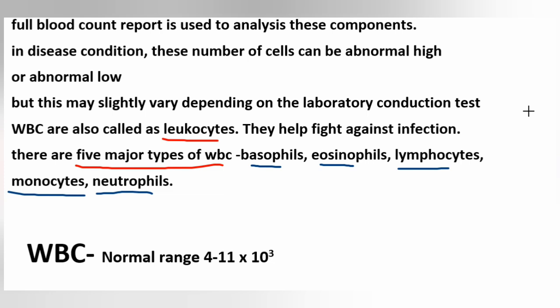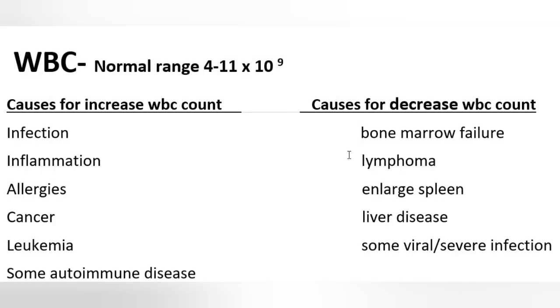WBC normal range: 4000 to 11,000 cells per microliter. Causes for decreased WBC count: bone marrow failure, a condition such as aplastic anemia, chemotherapy, radiotherapy, failure to produce enough WBC cells.